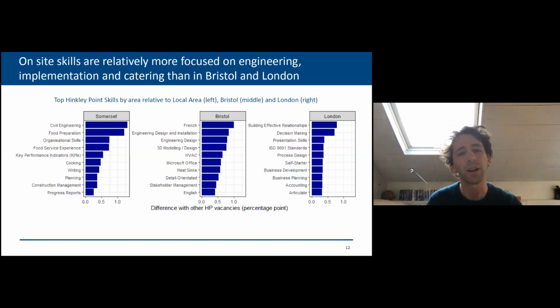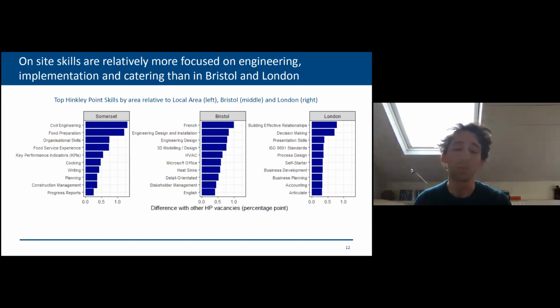And we found that in Somerset, the top skills that were relatively more demanded were around civil engineering and organization and implementation. But also, very interestingly, we found that food preparation, food service experience, and cooking were in relatively higher demand than elsewhere. And that might be evidence of indirect job creation of that project.